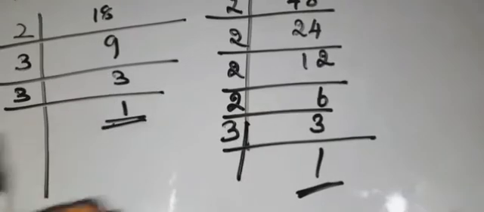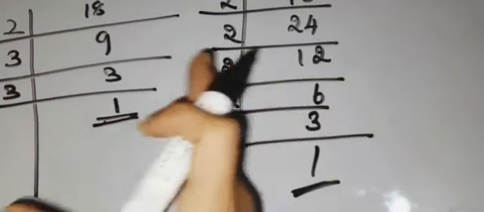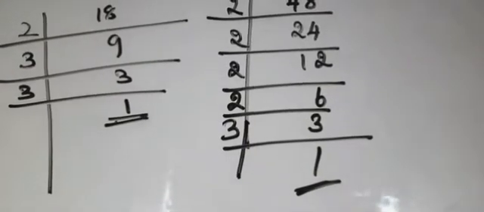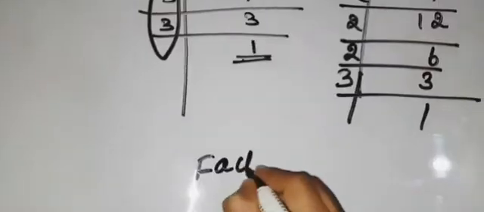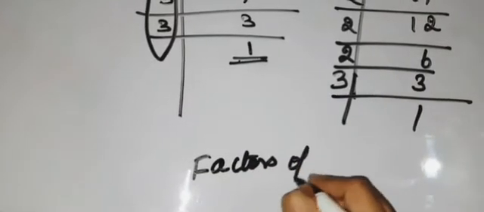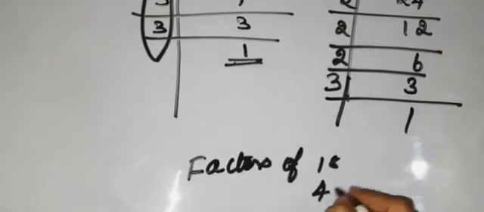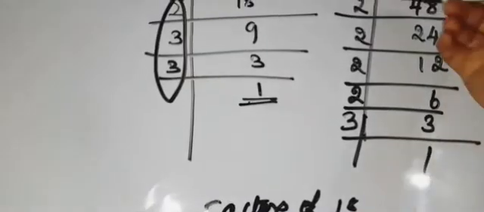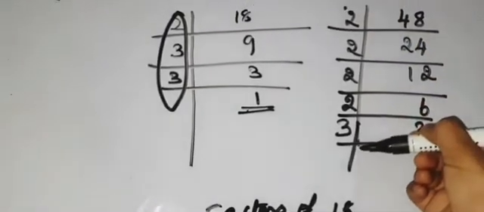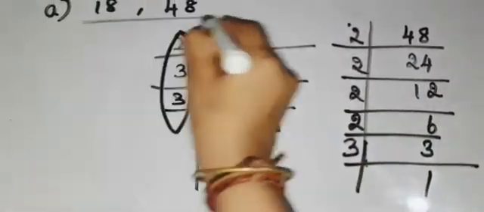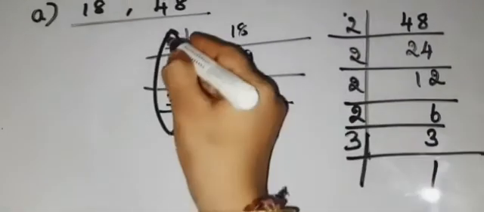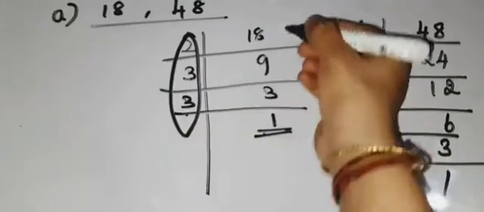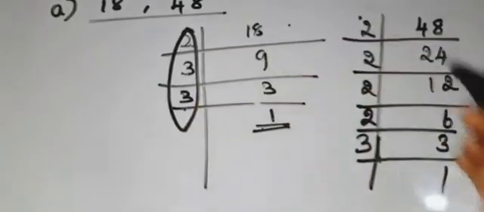The next step is we are going to write the factors of 18 and 48. Then what are we going to do? We are going to circle the common factors among them. By seeing the numbers we have used to divide 18 and 48, we are going to write them. So what are the numbers? 2, 3, 3. This is the prime factorization of 18.